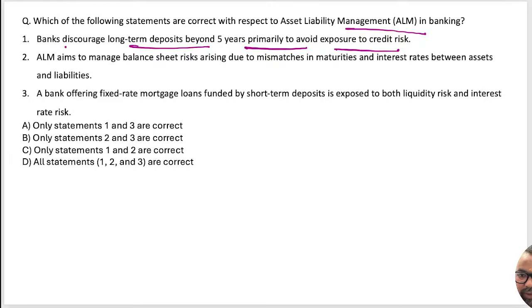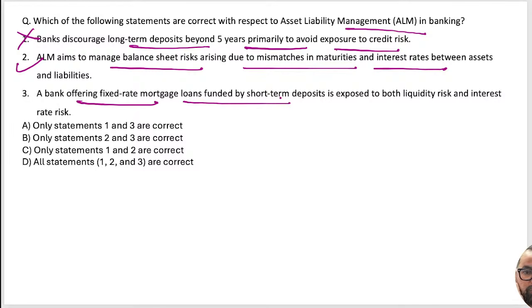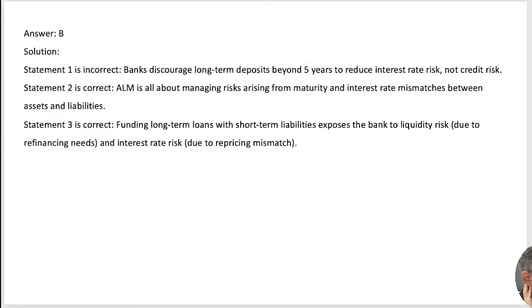No, this is not the right one. Even if we are discouraging, credit exposure is not the key issue; interest rate fluctuation can be the reason. Second, ALM aims to manage balance sheet risk arising due to mismatch in maturities and interest rate. That's true. A bank offering fixed rate mortgage loans funded by short term deposits is exposed to both liquidity risk and interest rate risk. So 2 and 3, option B will be the right answer.